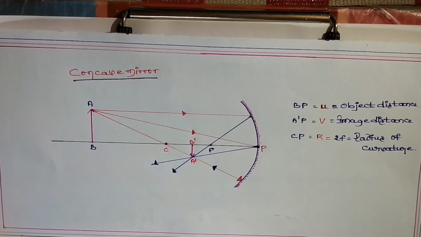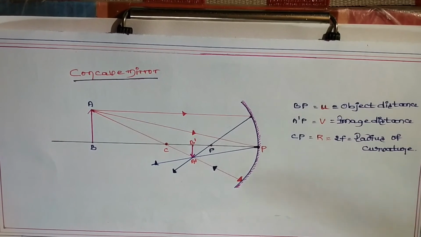In other words, similar triangles are of the same shape but not necessarily the same size.